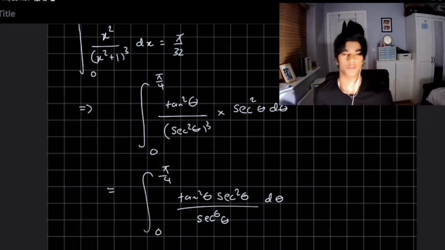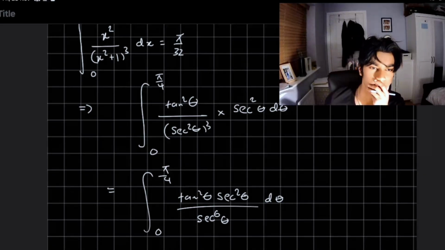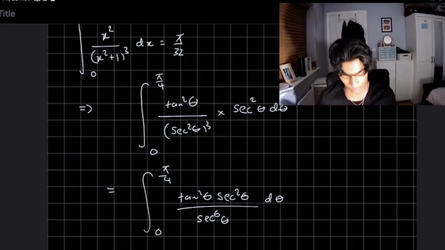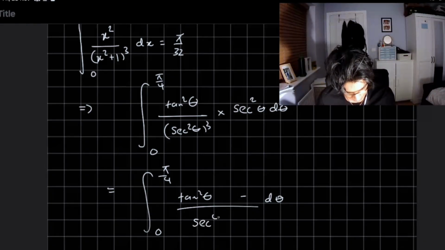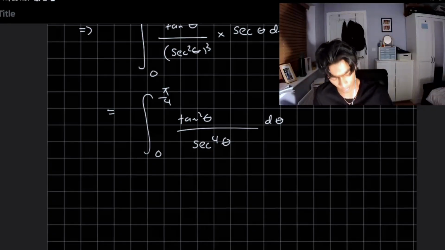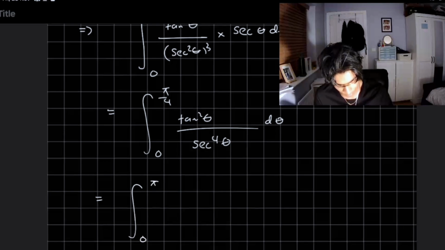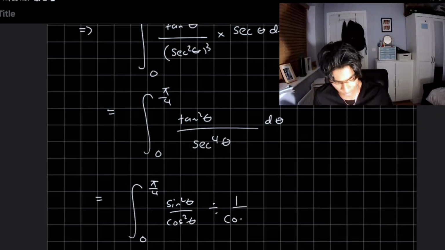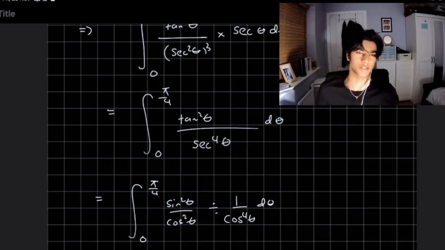Right, now we're in a pretty good place. So what we can do now is simplify this further. Let's make this a 4. Tan squared theta is sine squared theta over cos squared theta, divided by 1 over cos to the 4 theta d theta, because sec theta is 1 over cos theta.